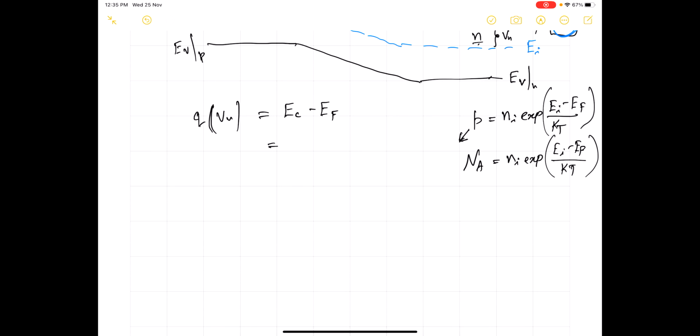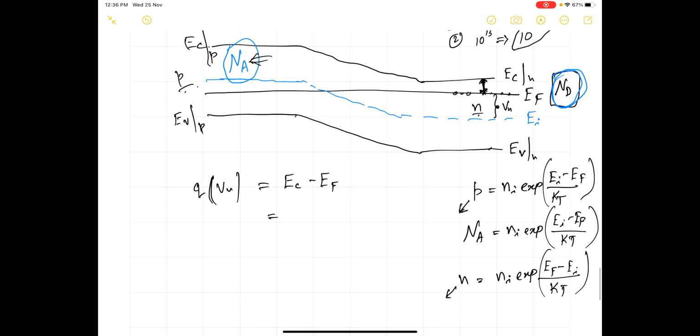Whereas for n type semiconductor, what will be the expression? N equals Ni times exponential of Ef minus Ei divided by Kt. N is the donor ion concentration, because we are considering that it's fully ionized.